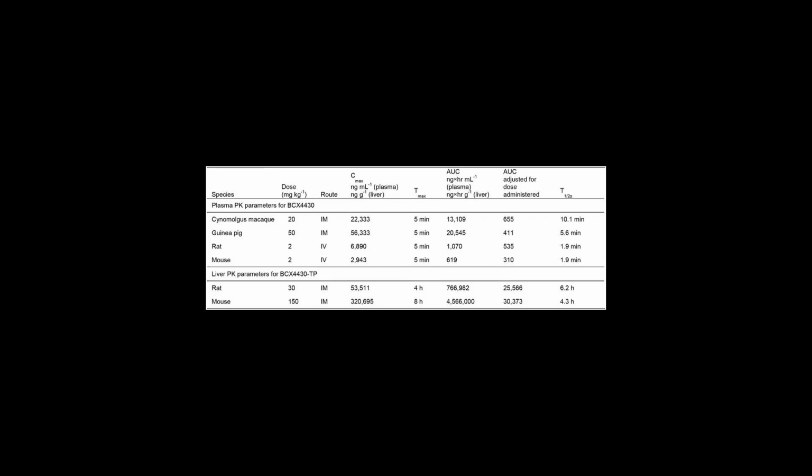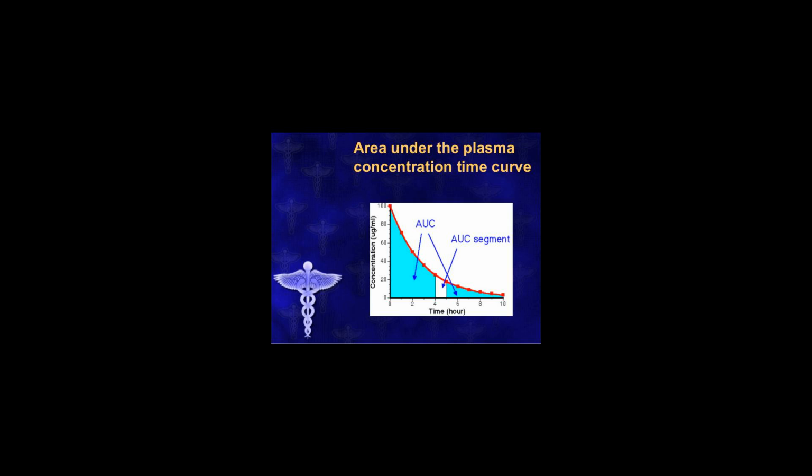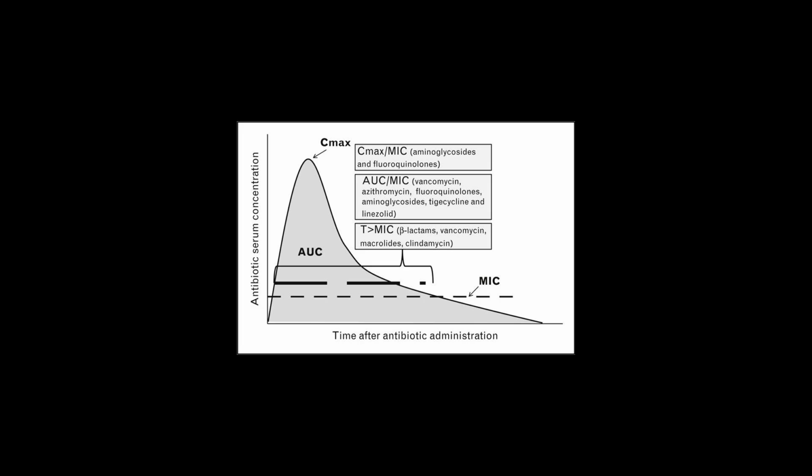This is done by comparing the AUC of the non-intravenous dosage form with the AUC for the drug administered intravenously. This fraction is normalized by multiplying by each dosage form's respective dose. F_abs equals AUC non-intravenous times dose intravenous over AUC intravenous times dose non-intravenous.